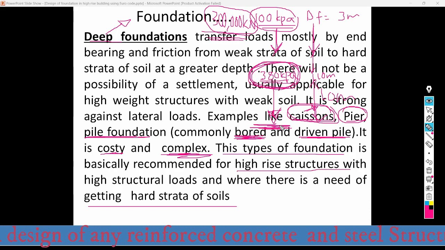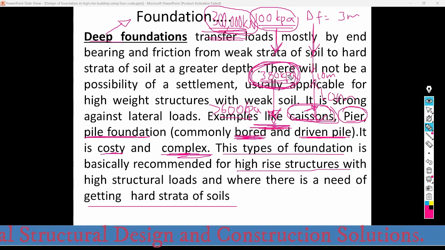So basically hard rocks have a bearing capacity greater than 300 kilopascal. So the soil or the hard rock having an allowable bearing capacity greater than 600 kilopascal may be adequate enough to withstand this 300,000 kilonewton superstructure load.